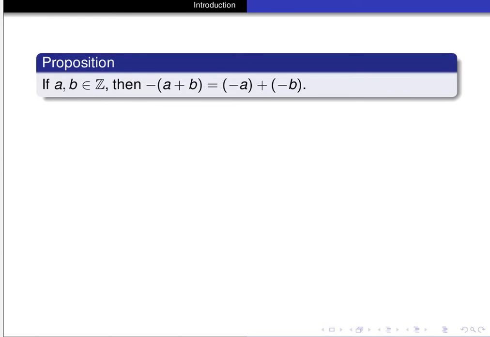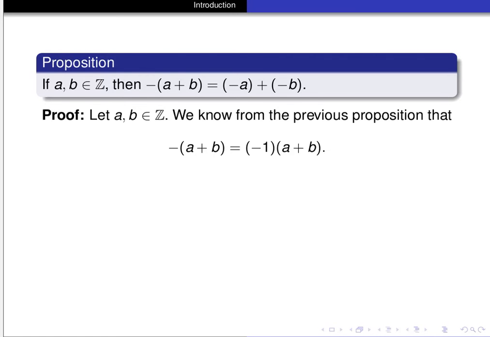Now we'll use the previous proposition to prove that if a and b are integers, then the additive inverse of the sum is the sum of the additive inverses. Let a and b be integers. We know from the previous proposition that we can obtain the additive inverse of any integer by multiplying the integer by negative 1, so the additive inverse of the sum of a and b is negative 1 times the sum of a and b.